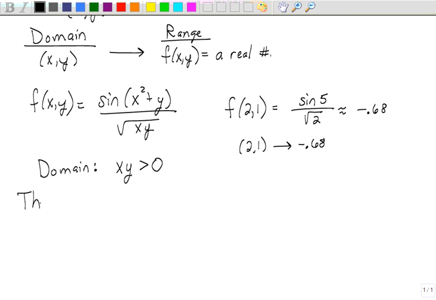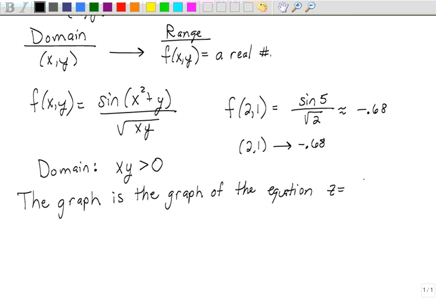So the graph of this is the graph of the equation z equals f of (x, y), and it's going to be in 3D, three dimensions.